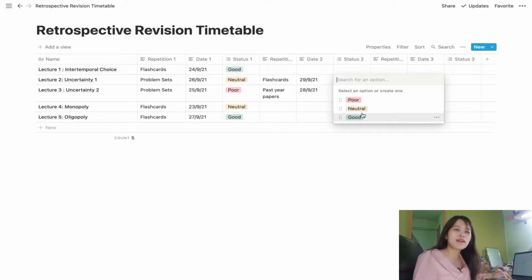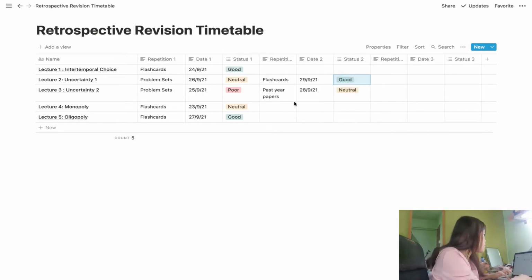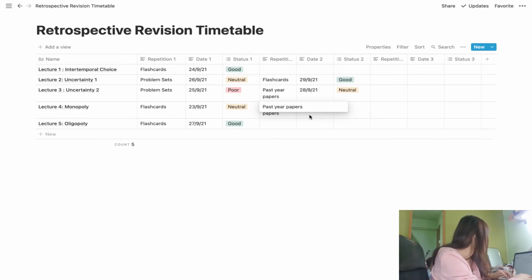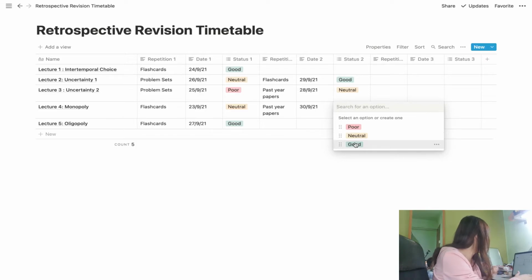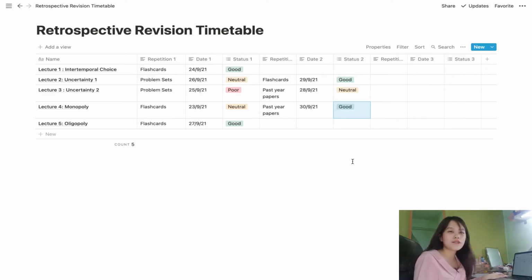I completely understand this chapter and I'm ready to ace the exam if this chapter comes out. So I indicate here good. And then the next chapter will be Lecture 4. Maybe this time I also do some past year papers. And maybe hooray, I also fully understand what this chapter is about.